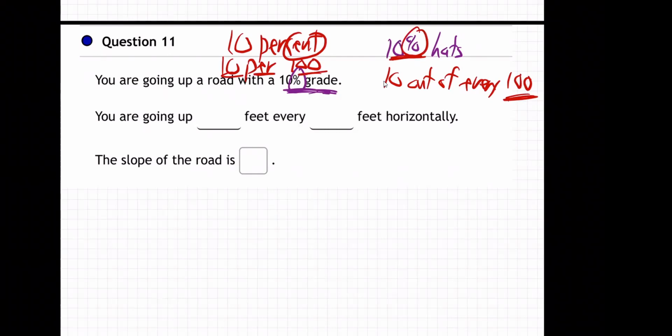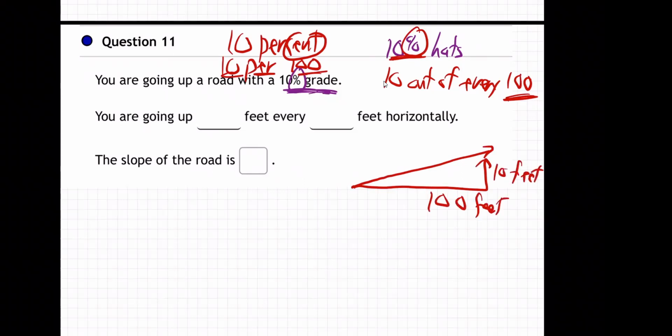So if the grade is 10%, let's think about the road. If the road is going up at a 10% grade, that means every time you go over 100 feet, it goes up 10 feet. That's how steep it is. That's a 10% grade.